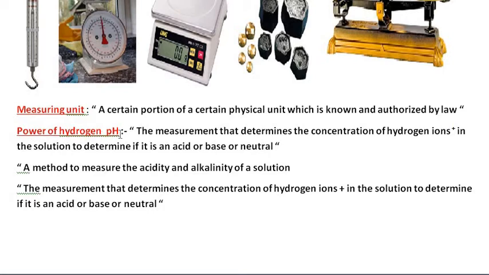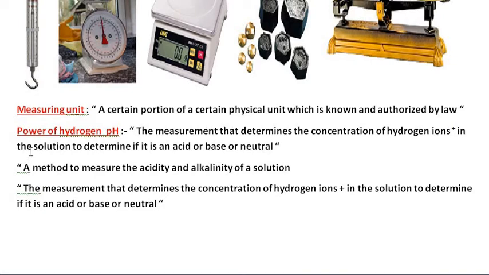It's a method to measure the acidity and alkalinity of a solution, or it is a measurement that determines the concentration of hydrogen ions in the solution. We know that if the concentration of hydrogen ions is great, this means that this solution is acidic. If the concentration of hydrogen ions is very, very small, we say that this solution is alkaline, and so on.